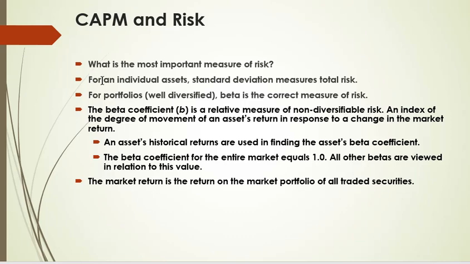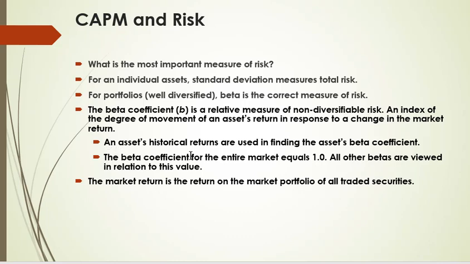As we mentioned earlier, for individual assets you want to use standard deviation because you want to understand the total risk of that asset. But in a portfolio that's well diversified, the statistic you want to use is called beta. Beta is a measure of market risk. It looks at the degree of change of return of a stock relative to a change in the stock market.